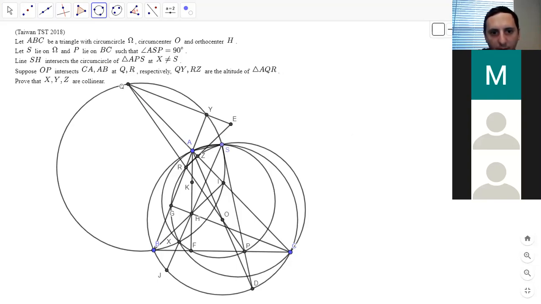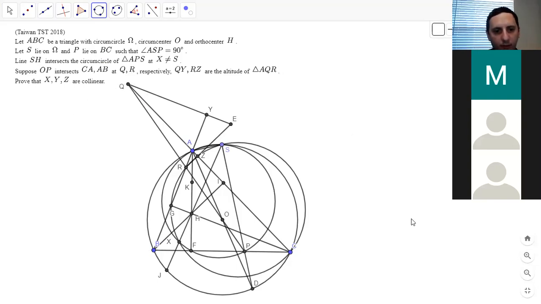But first, let's see if we can show that that one is cyclic. So RZC we know is a right angle. RGC we know is a right angle. So you know RZCG is right. We just need to show S and X lie on it.